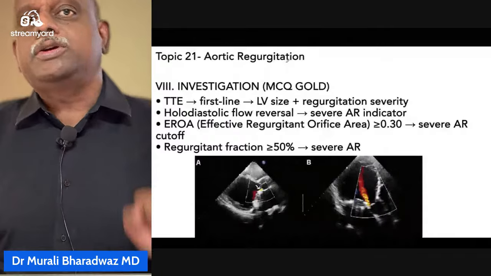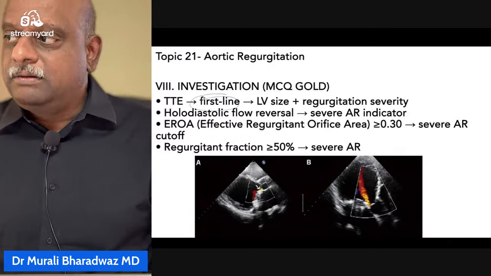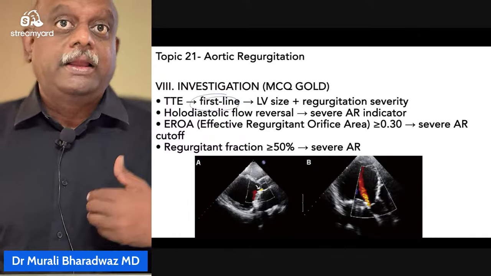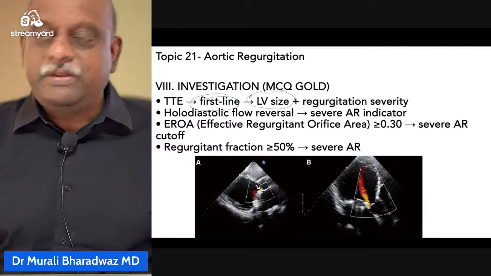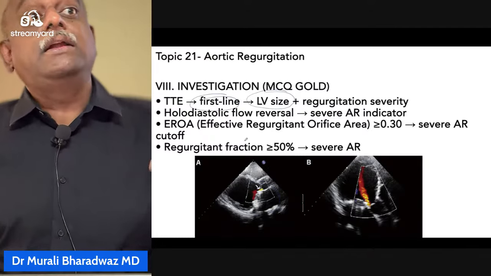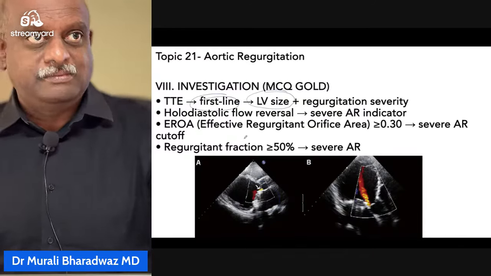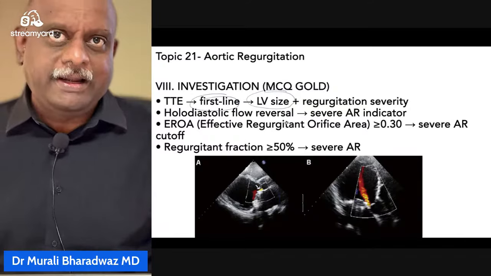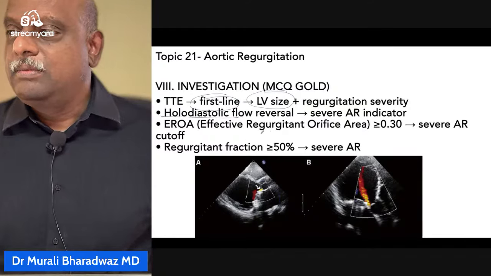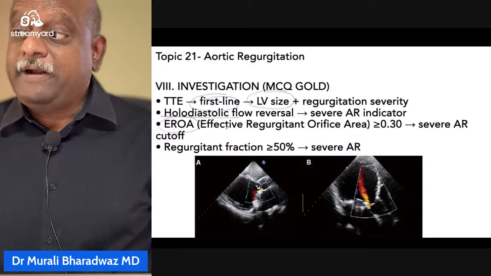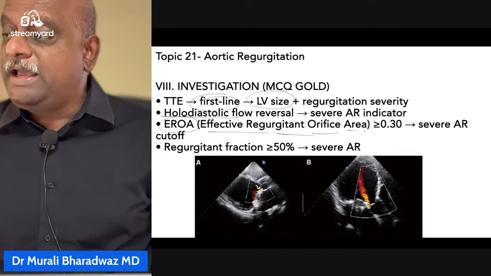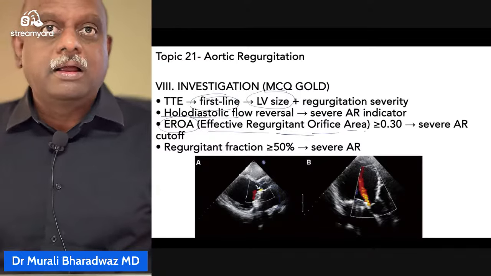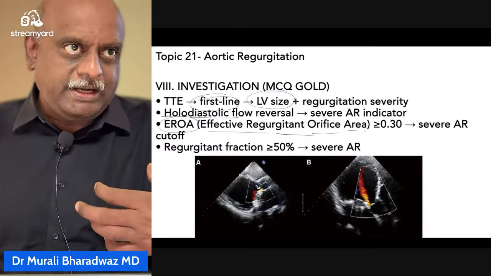So, common questions. What is the first line? Transthoracic echocardiogram. In that, what will you look for? The size of the LV and the LV end diastolic size. Whenever it increases, that is an important indicator. Then the effective regurgitant orifice area. When you do the Doppler, you look for the regurgitant jet.